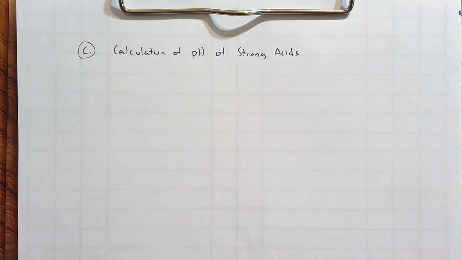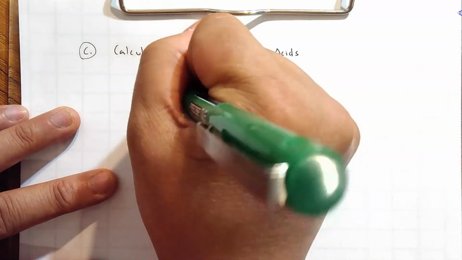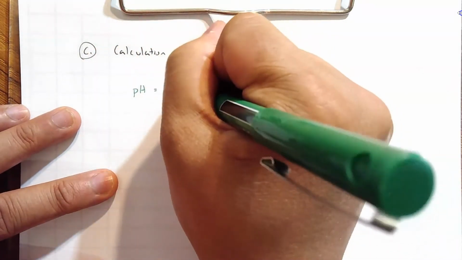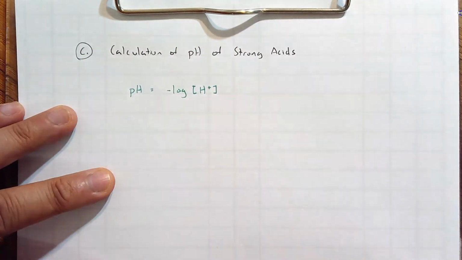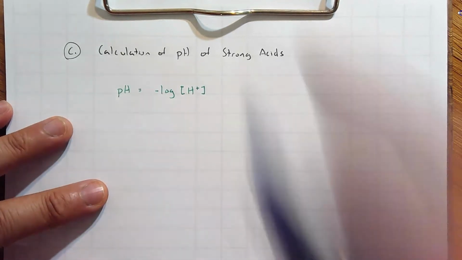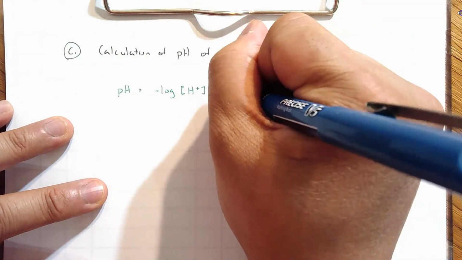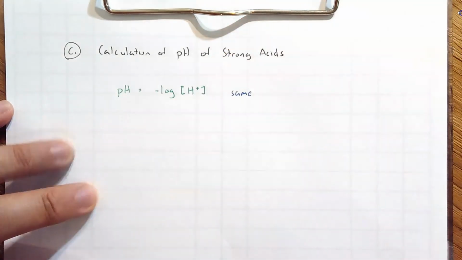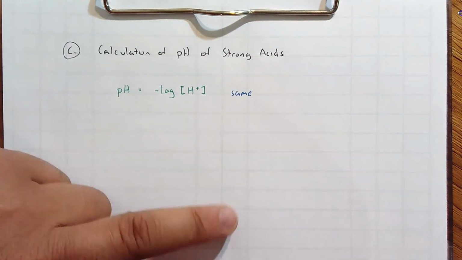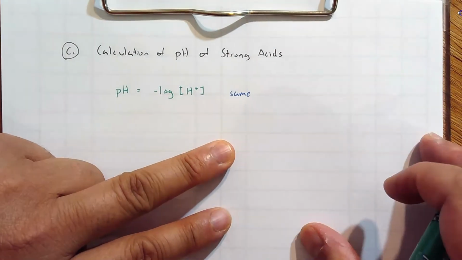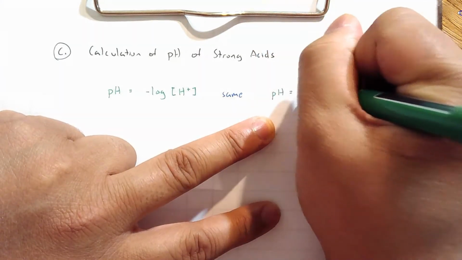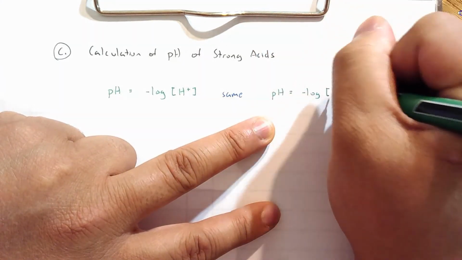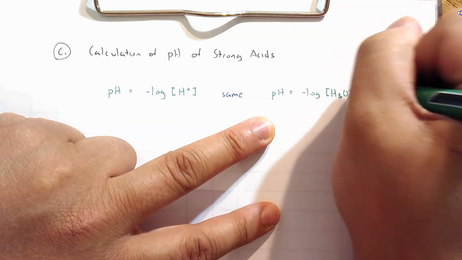The equation is this. One of them is pH equals negative log of the concentration of H+. You know that the square brackets mean concentration. If you're in water, and in almost all cases you will have this reaction in water, that's the same as pH equals negative log of the hydronium concentration.